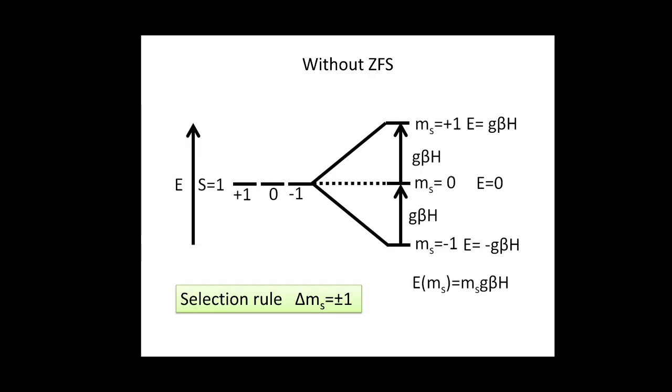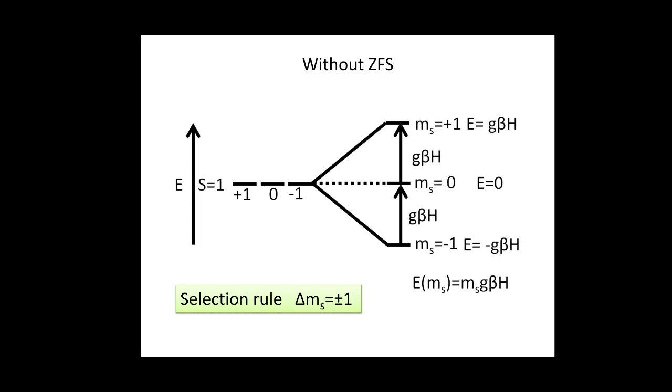Now let us consider a situation where you do not have any zero field splitting. Let us consider an S equal to 1 system. That means we are considering an even number of electrons, 2 electrons. For 2 electrons, total S equal to 1, you have 3 ms levels: +1, 0, -1, and in the absence of a magnetic field these three levels remain degenerate.